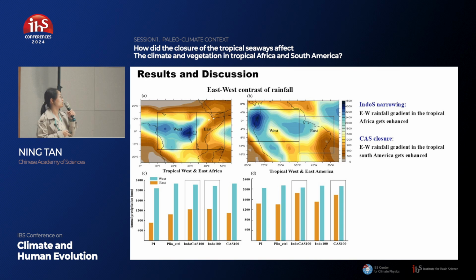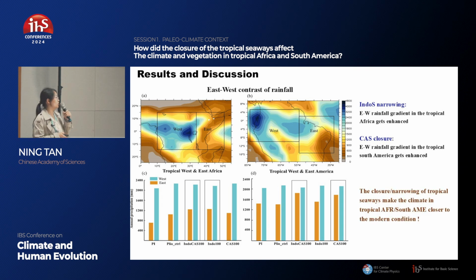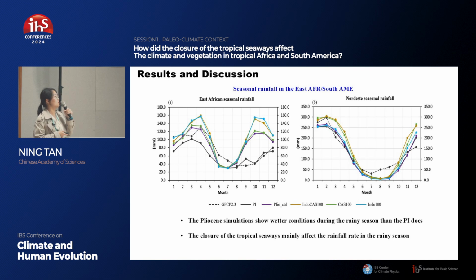And we also checked the east-west rainfall contrast for different cases. From this comparison, we know that the closure or narrowing of tropical seaways can make the climate in tropical Africa and South America closer to the modern condition. So this is the seasonal rainfall in East Africa and the Nordeste region.